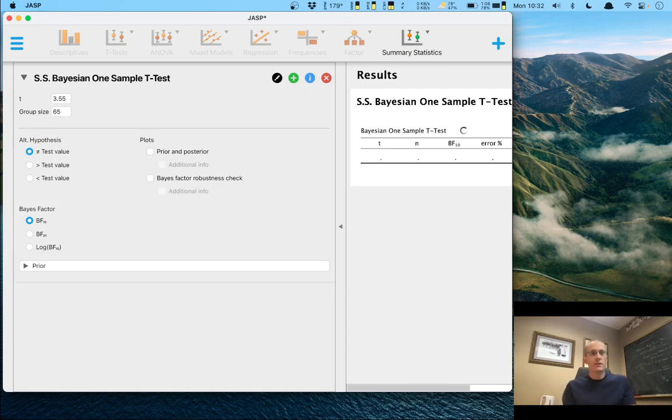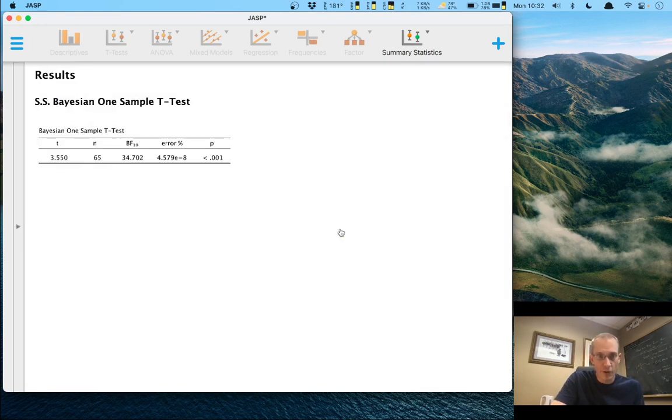Once we put those in and hit tab, you'll notice over on the right-hand side, we're going to get some output. Let's take a look at what we get first. There's, again, just a re-representation of our t-score and our sample size. Here is the Bayes factor. This Bayes factor is BF10, so this is a Bayes factor in favor of the alternative.